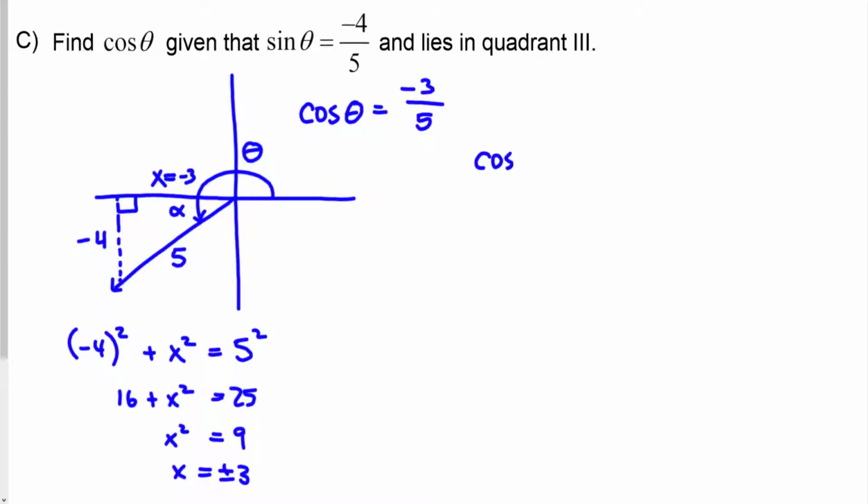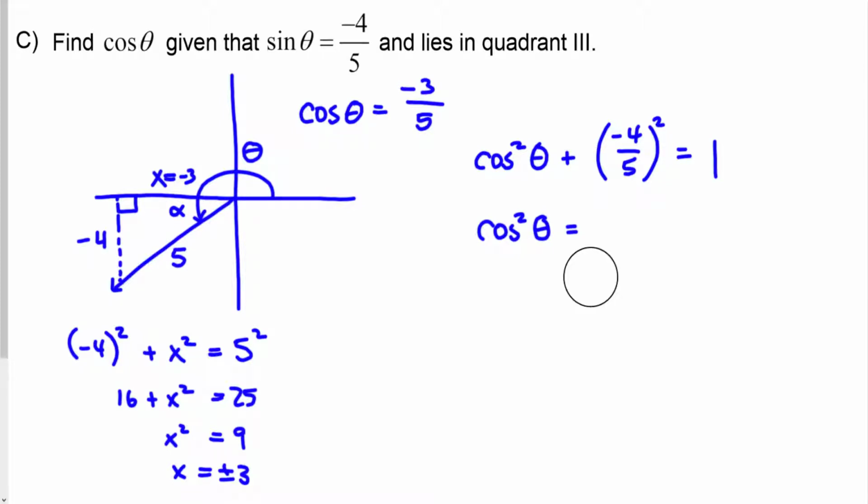That's one way. Another way is just using the Pythagorean identity. So if cosine squared theta plus sine squared theta, which we know to be 4/5, equal to 1, let's see how this works out. So cosine squared theta plus 16 over 25 equals 1, which I'm going to write as 25 over 25, just because I'm going to have to combine like terms.